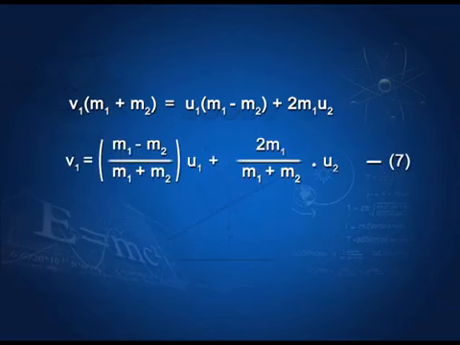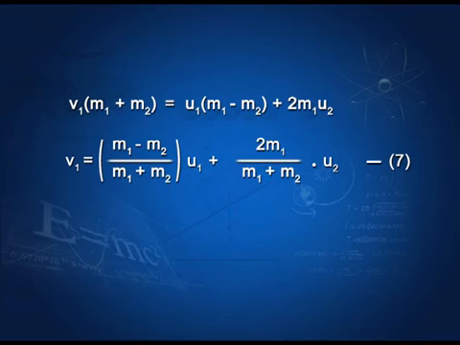This will give us V1 into m1 plus m2 equal to u1 into m1 minus m2 plus 2 m2 u2, which in turn gives us V1 equal to (m1 minus m2) upon (m1 plus m2), this whole thing multiplied by u1, and the second term here 2 m2 upon (m1 plus m2) into u2.